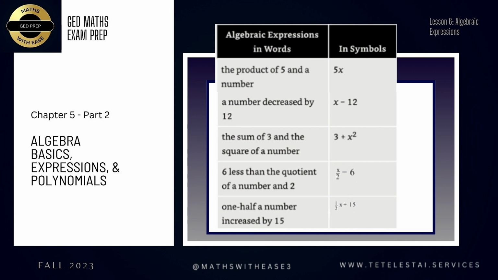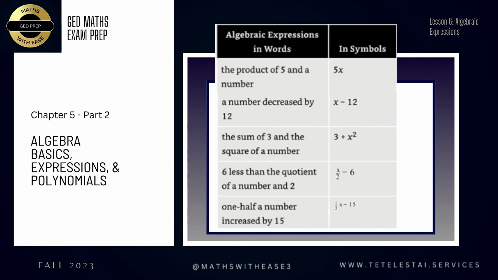So this can be rewritten as x over 2 or x divided by 2. We're also informed that the quotient is 6 less. In other words, 6 is being subtracted from the quotient, and the quotient is derived by dividing some unknown quantity by 2. So we can rewrite this expression simply as x over 2 minus 6.